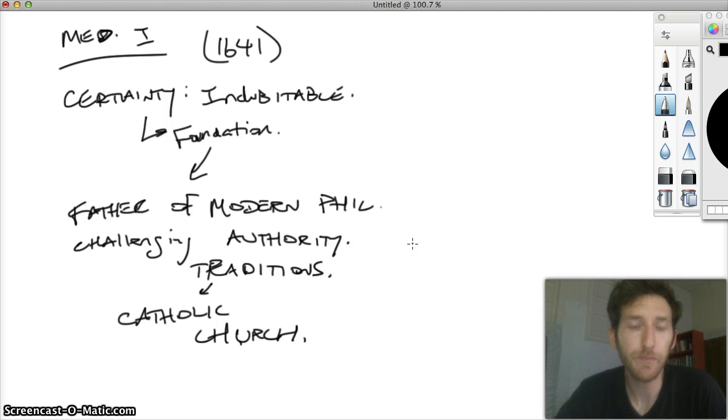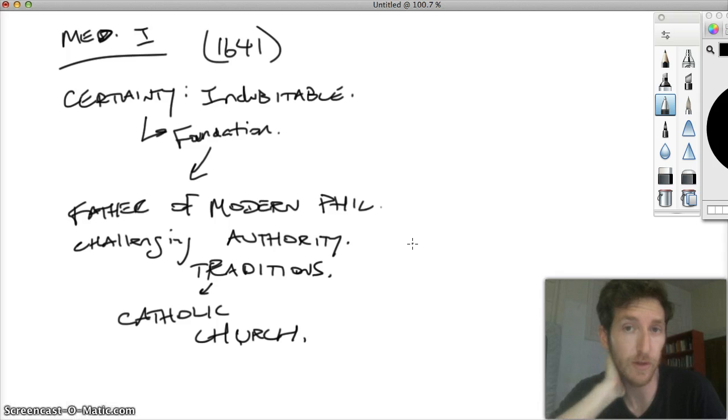And so, as a Catholic himself, taught by Jesuits in different schools and universities, Descartes says to himself, well, it seems as though some of the things that I learned from these Jesuits and other teachers, well, I haven't really believed all of them, or I've come to find out that not all of them are true.